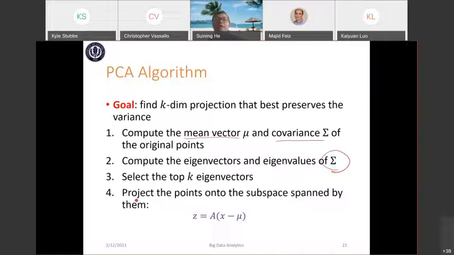Then we select the top k eigenvectors and project the entire data point using the calculated eigenvectors to a new space, Z. The eigenvectors are what we need to find, but we will see how they are calculated in an example.